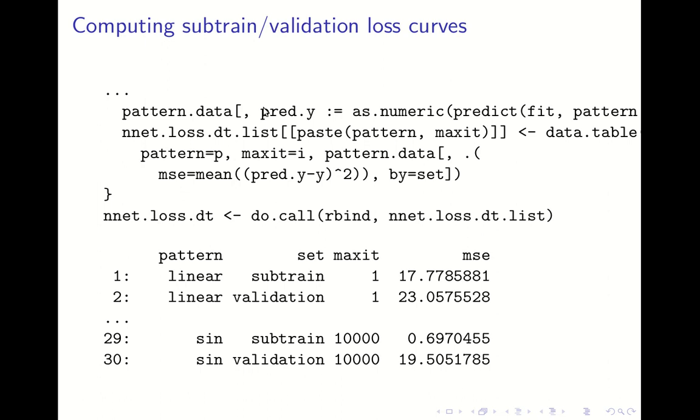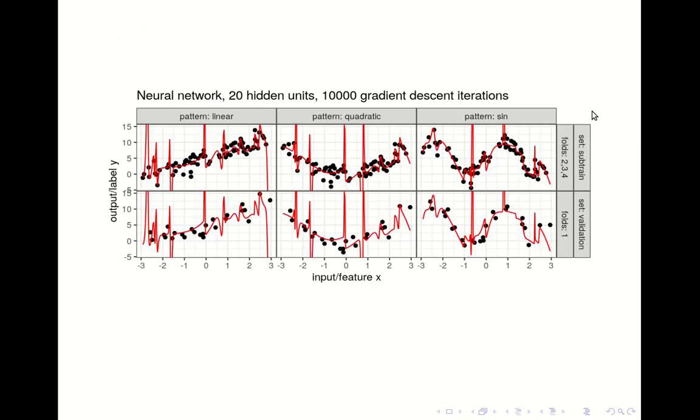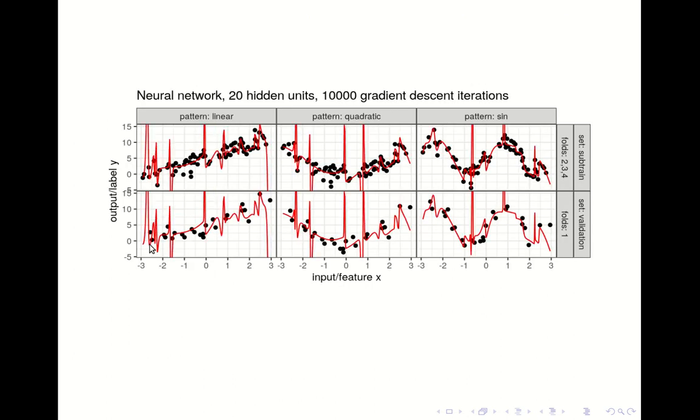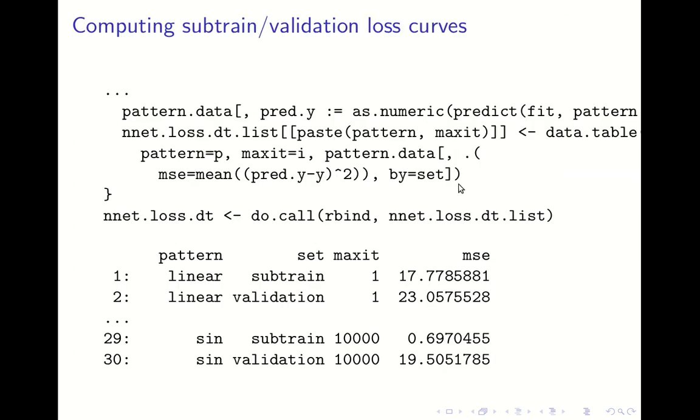We're going to create a new pred.y column using predict on fit pattern. Remember, this fit object is the result of the nnet call that we stored earlier. It stores all of the information that we need to make a prediction in R using this learned model.